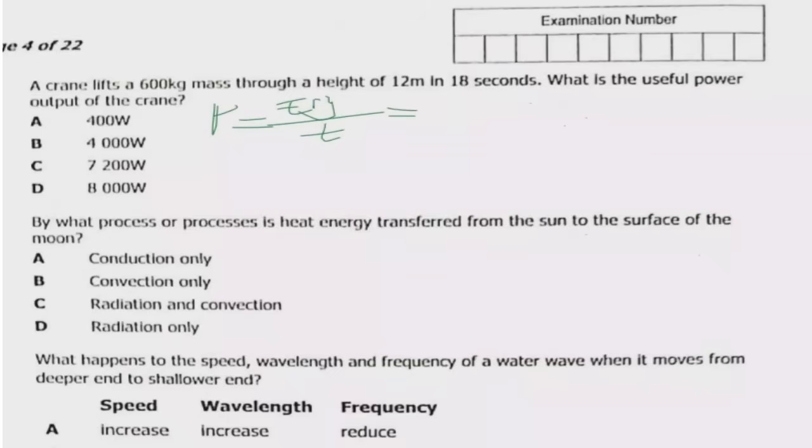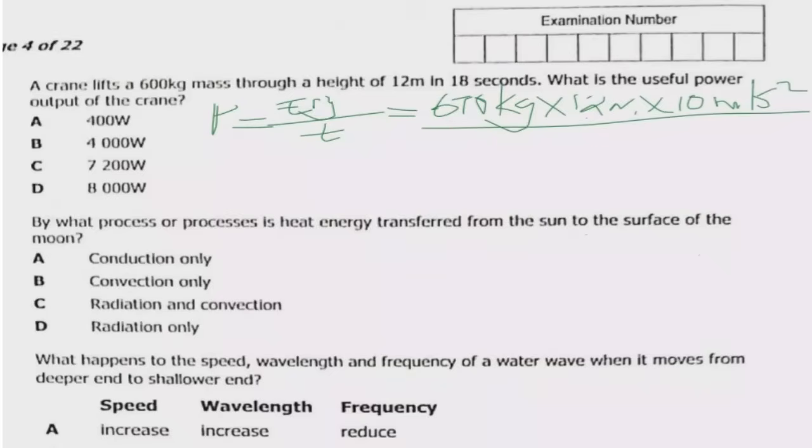To find potential energy, we multiply mass times height times gravitational acceleration. So we are going to say 600 kg times 12 meters times gravitational acceleration, which is 10 meters per second squared, over time, that is 18 seconds.